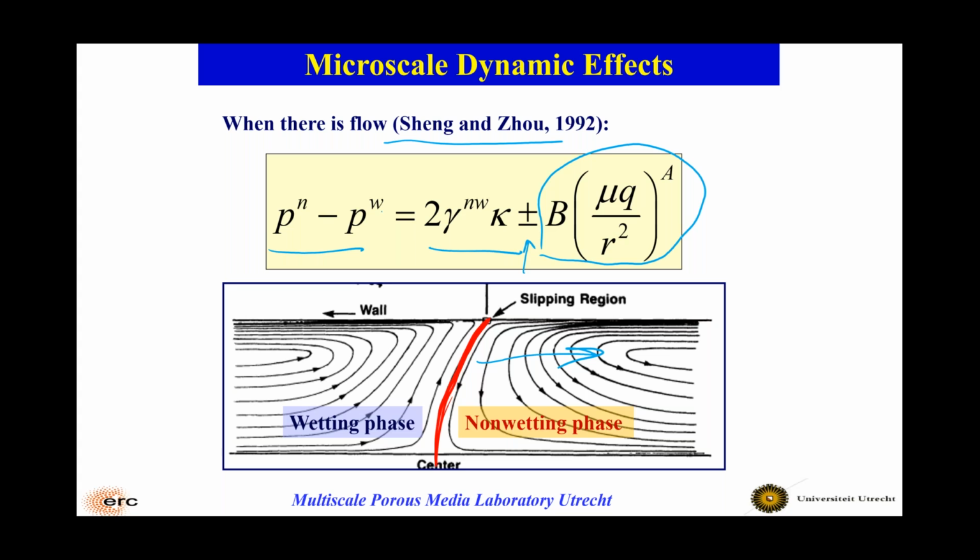And this is what I call the non-equilibrium or dynamic effect in capillarity. So under equilibrium conditions, the capillary pressure is equal to Pn minus Pw. But if you have non-equilibrium, then they are not equal, and the difference depends on the flow velocity.